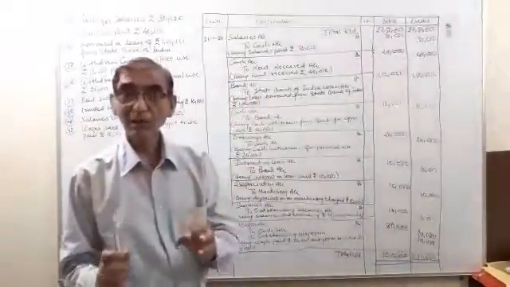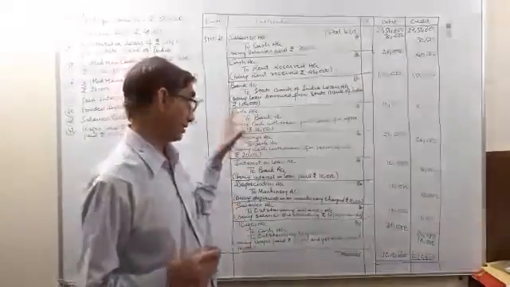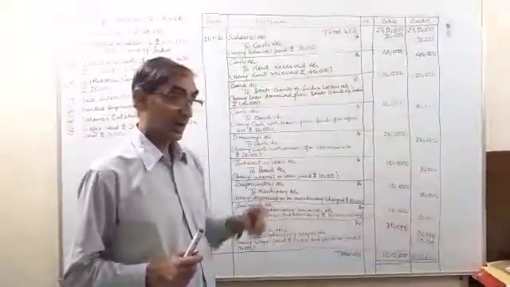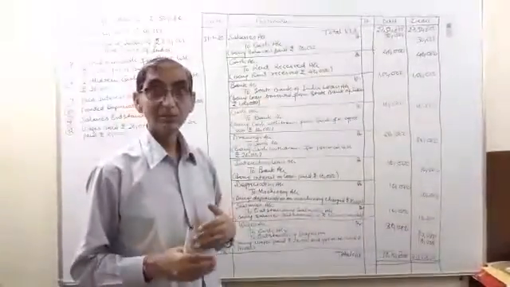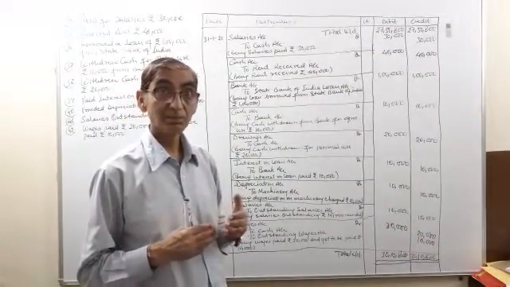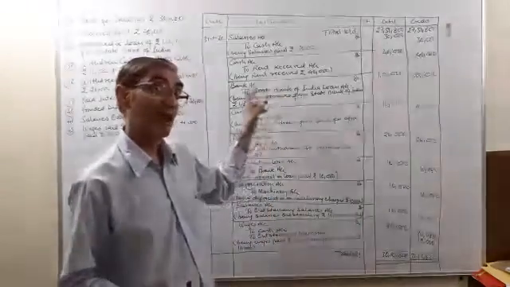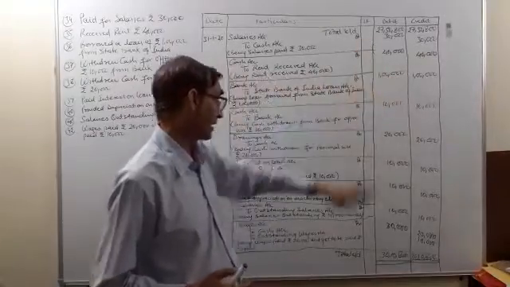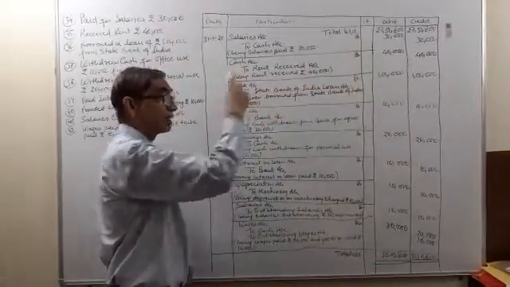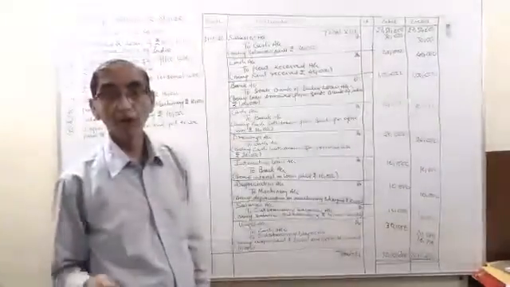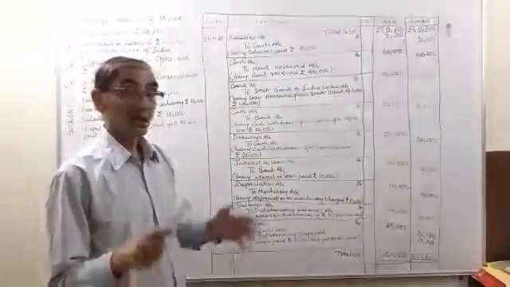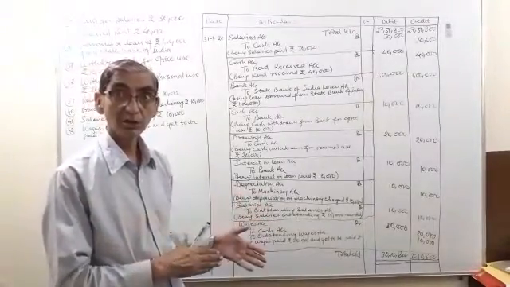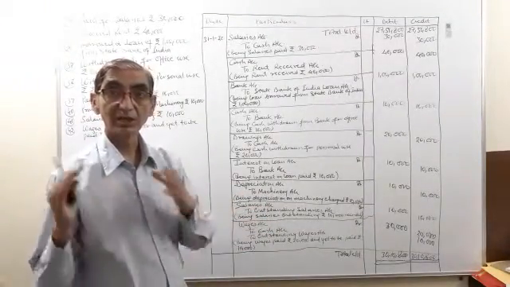So ultimately where the money is going to come? In the bank. So bank account will be debited, our bank balance will increase, or we may say, if we consider bank as a personal account, then the bank is the receiver of the money, bank account will be debited, and a liability is going to increase in form of loan, and we will mention the name of the bank or the financial institution from where we have taken this loan.